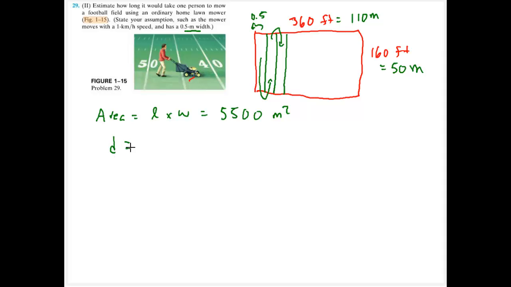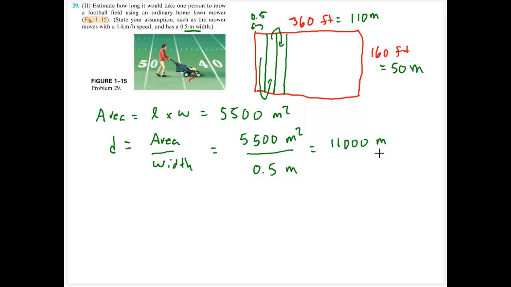The distance that I need to travel is the area divided by the width of my mower, which I'm going to say is 0.5 meters. So 5,500 square meters divided by my 0.5 meter width tells me that I'm going to actually have to walk 1,100 meters, or really 11 kilometers. So I'm going to have to walk a long way.